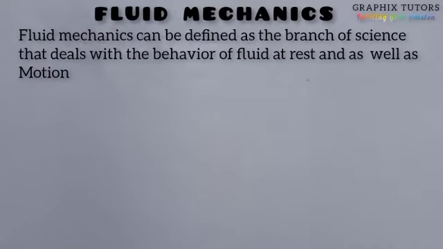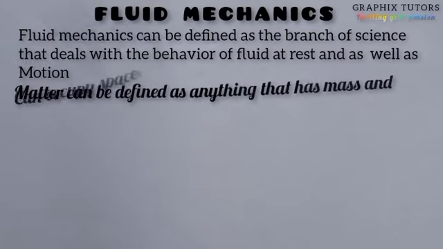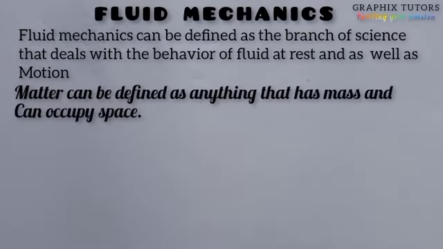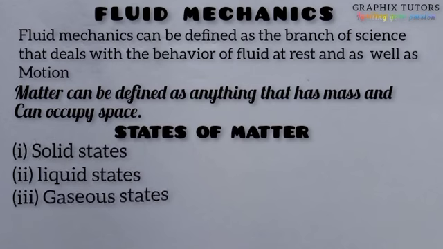Now, if you look at the word fluid, in our junior level, we discussed matter, and we said that matter is anything that has mass and can occupy space. Now we have three states of matter: solid, liquid, and gas.